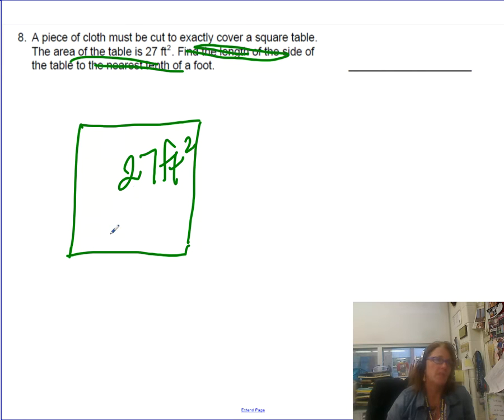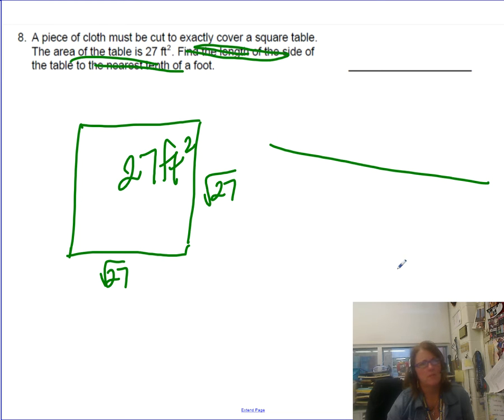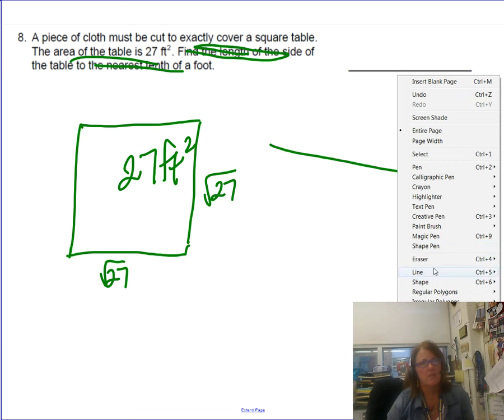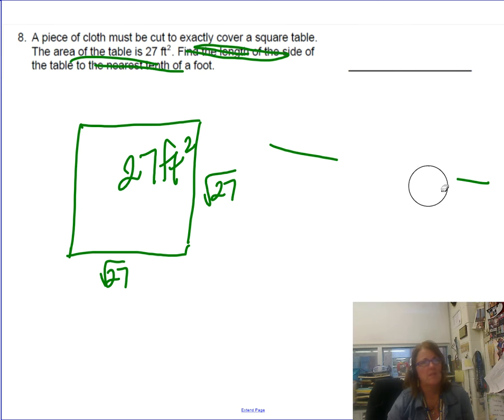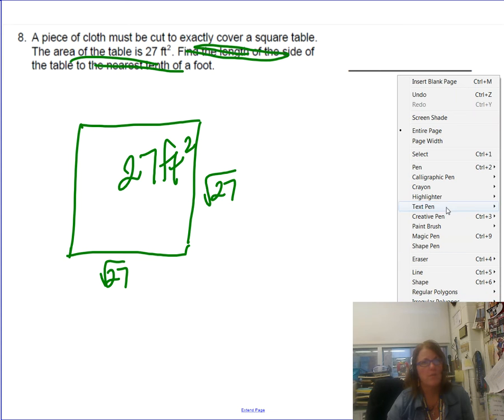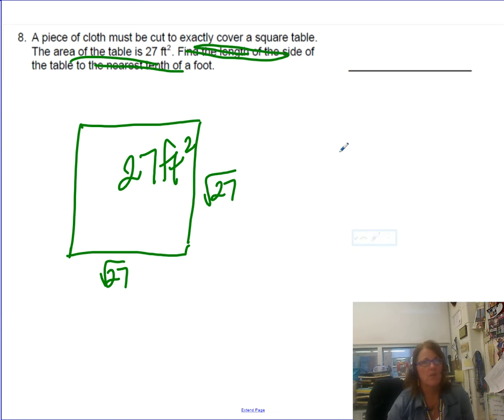I know that to work backwards, I'm asking you what number times itself gives you 27. It's not a perfect square. I've got to think of my, oh, that's a horrible number line. Good gravy. All right, so I need to think where the square root of 27 would fall.